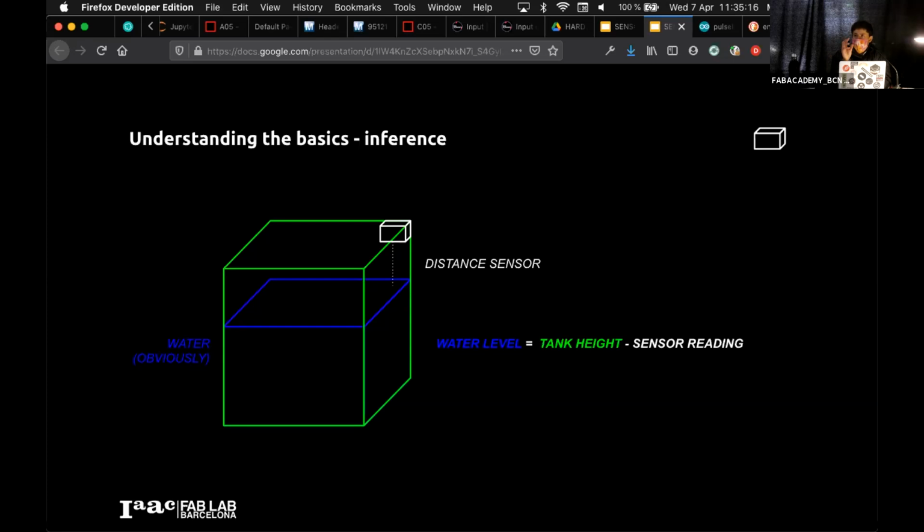Basically, the ultrasonic sensor sends a burst of ultrasound through one emitter that reflects onto a surface, and then it comes back. However much time it took to go and come back is the distance that we estimate. I'm not going to go so much into the principles of many sensors now, because Neil covers that in a very master's way. He explains all the principles and everything, but that could be an option.